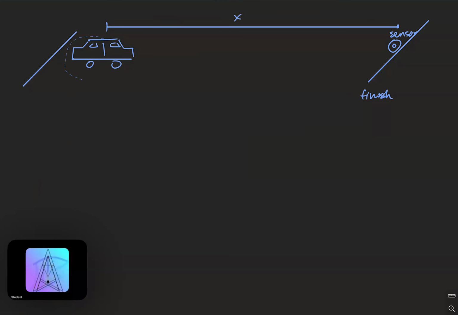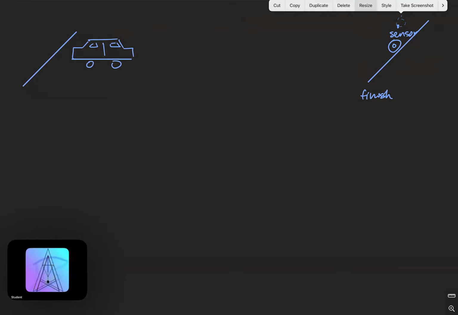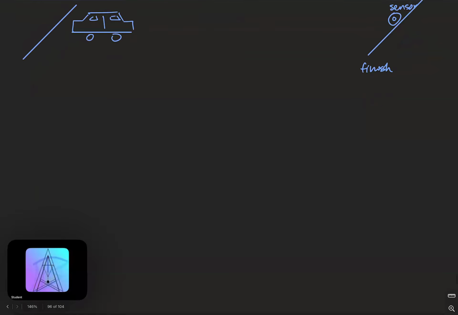And then if it were to come on the finish line, it would be a distance of 0 away from the sensor, okay? So let's delete that. Now we're just gonna start with a couple scenarios, and you pretty much have to tell me what the story of the race car and the racetrack, etc. is. Okay, so let's start with a graph.